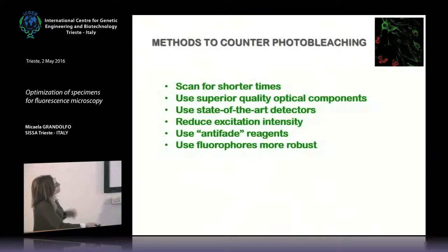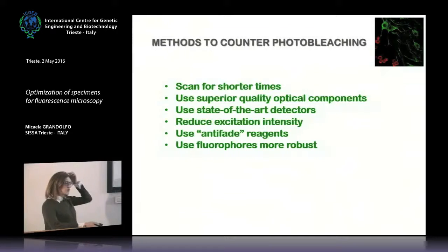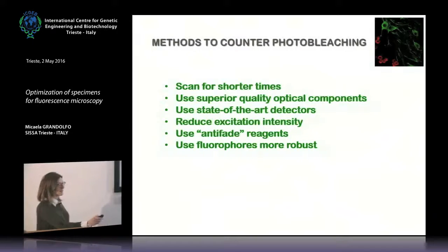Okay, methods to counter photobleaching. Of course, you have to try to scan or illuminate your sample for shorter times. You have to use superior quality optical components, I mean objectives with very high numerical aperture if possible.